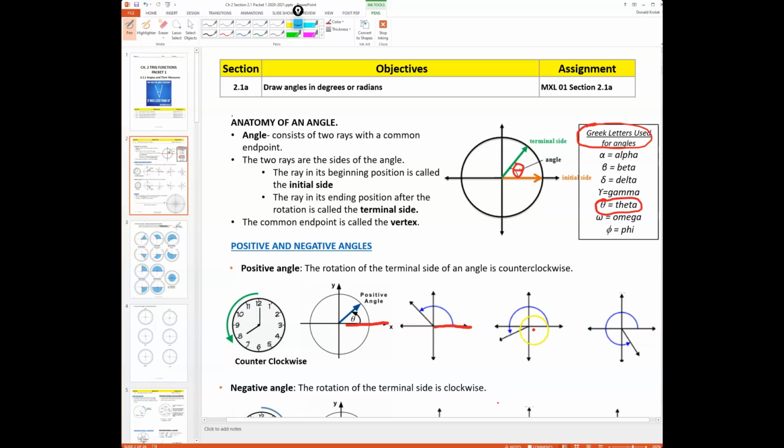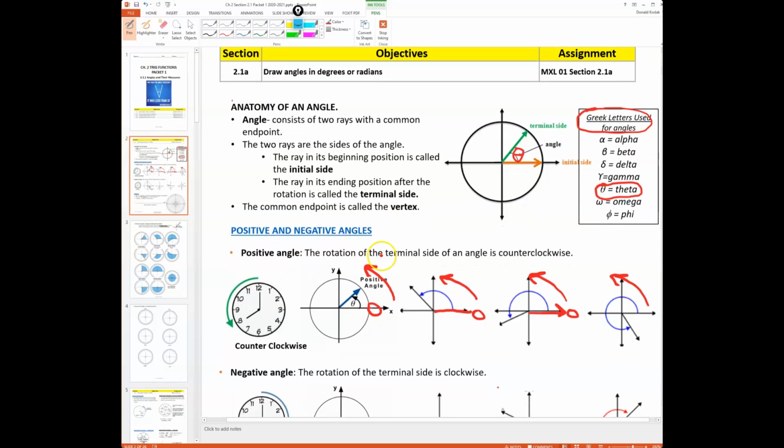So all these sides that I'm drawing in red are known as the initial side, and they all open counterclockwise. So when we measure angles drawn in this course, this starts at 0. That's 0 degrees. Okay, that's what makes a positive angle.